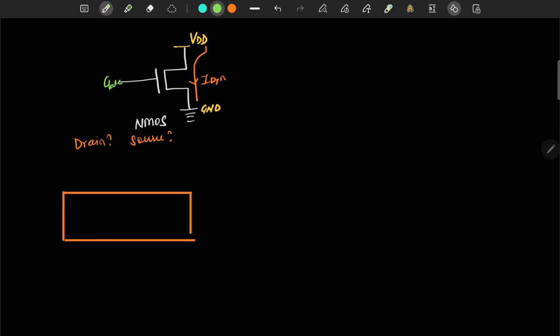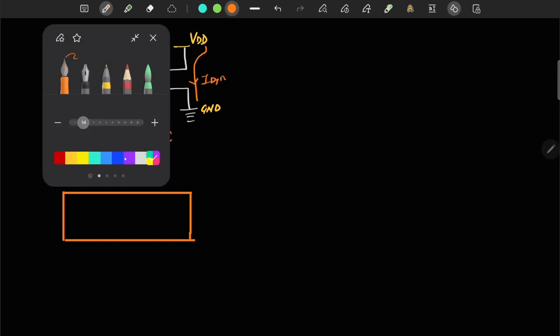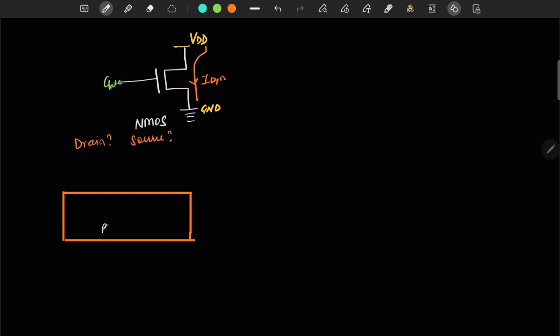We all know how an NMOS is constructed. We choose a p-type substrate.